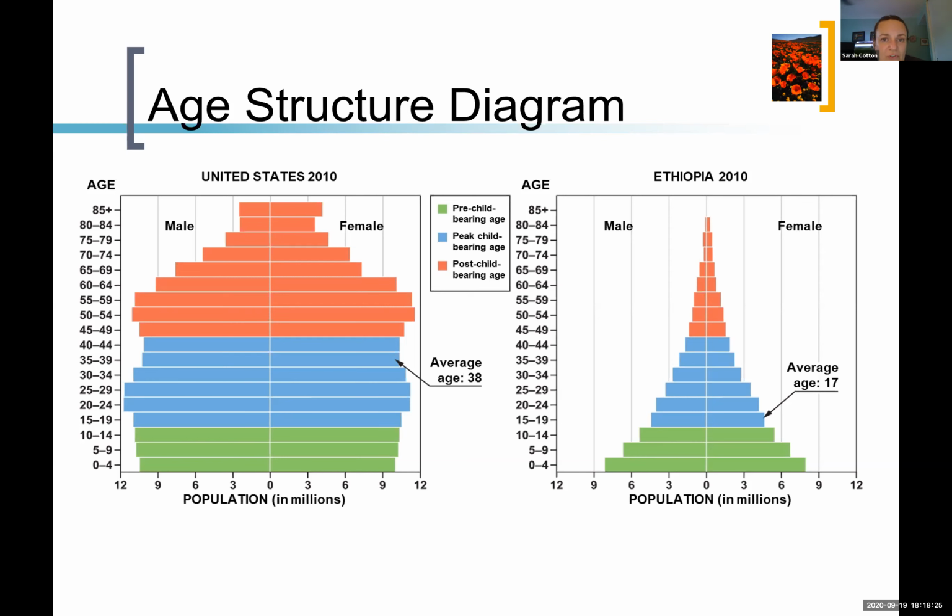But you could use them for any population, okay? Fundamentally, the purpose of an age structure diagram is it tells you the makeup of a population, once again, based on age intervals, okay? Why is it useful? The reason that it's useful is that age structure diagrams can help you see the future.